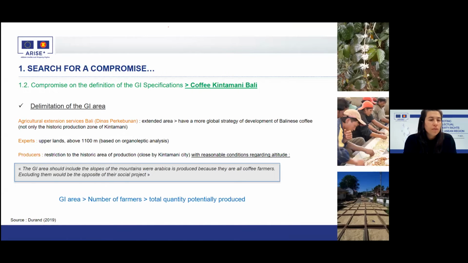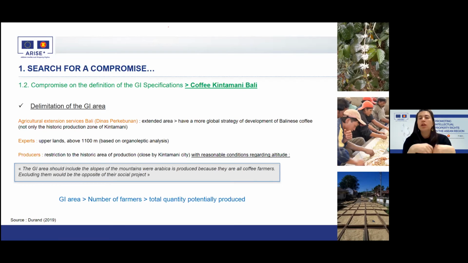For the definition of the GI area, again, I selected the main expectations of different stakeholders. So the agricultural extension services of Bali province were in favor of an extended area, I mean, not only the very original area of production of coffee.